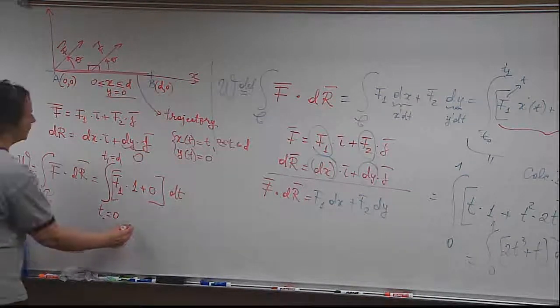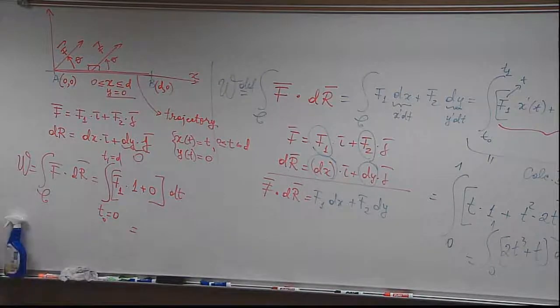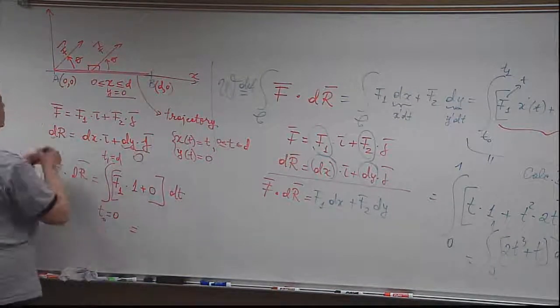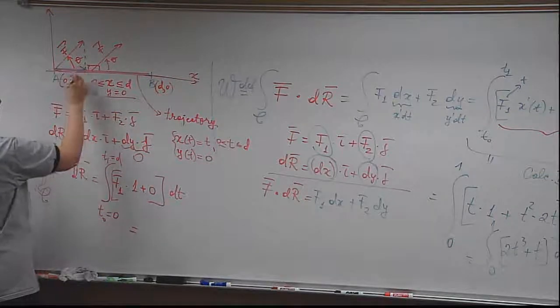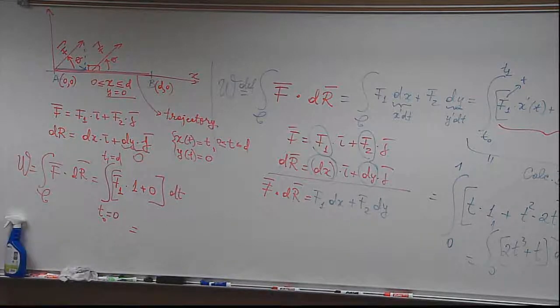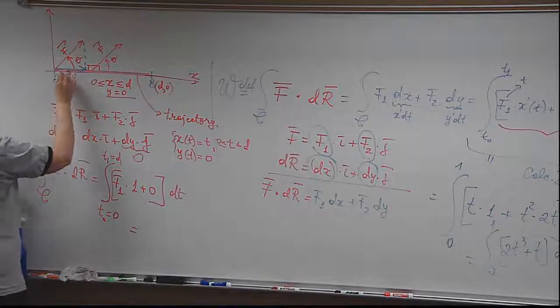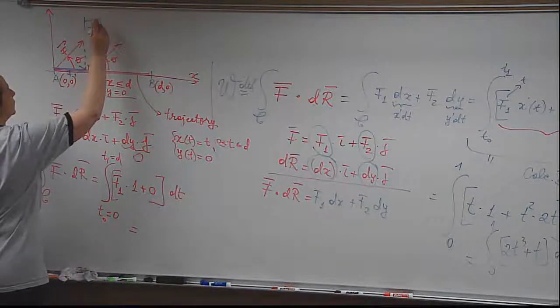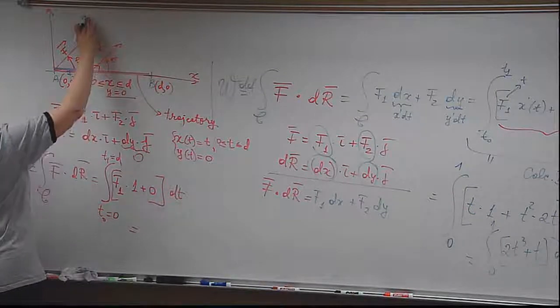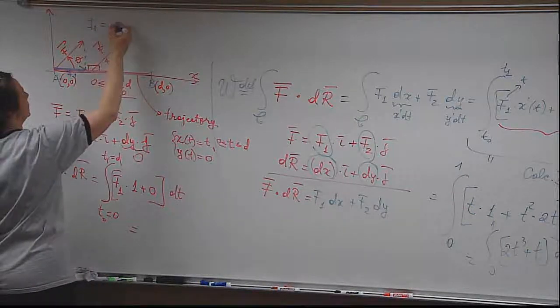F1 will be what? Well, life is nice. F1 will be the projection of the vector F on my x-axis. So F1 is the length of this blue vector, for God's sake. F1 is a scalar. Let's say F1 is a scalar component.